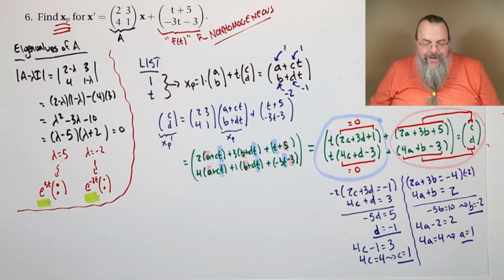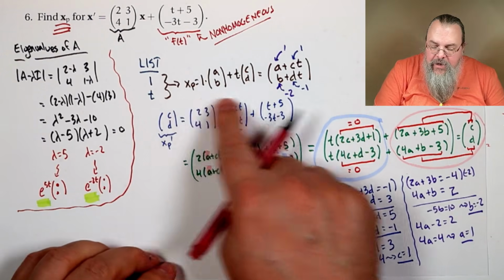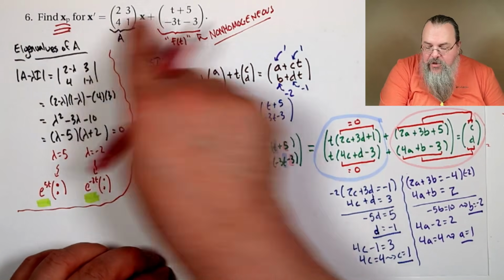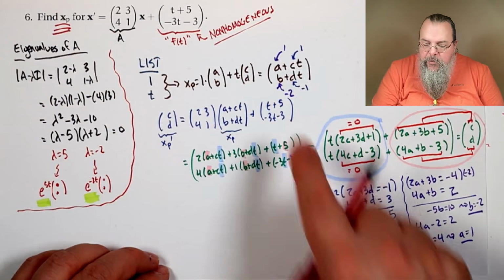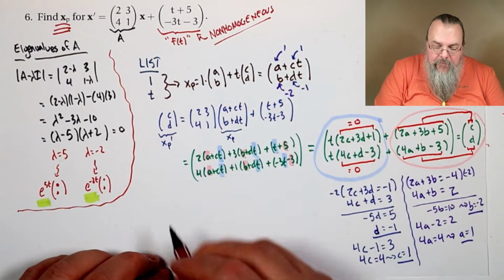It's great when we get to the end, right? So our xp, we said our xp has this form. We ran it through the differential equation, and then by comparing coefficients, we said, oh, that tells us what a, b, c, and d have to be.